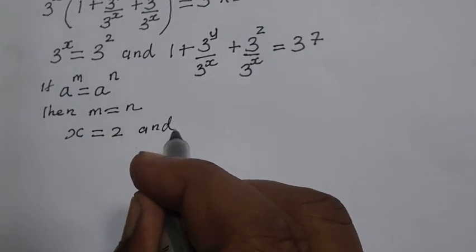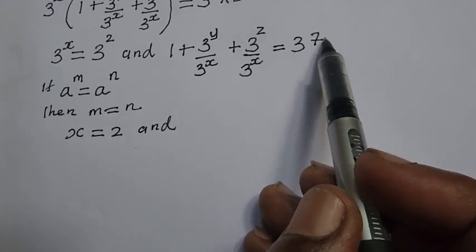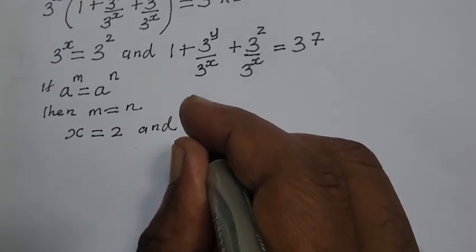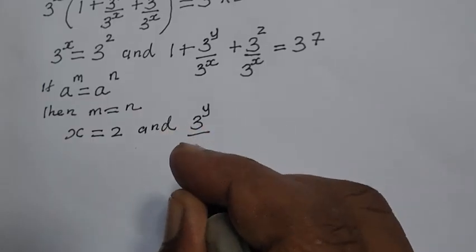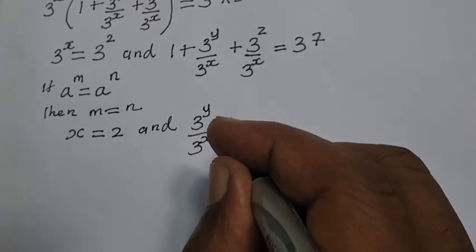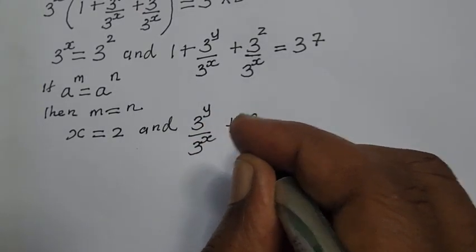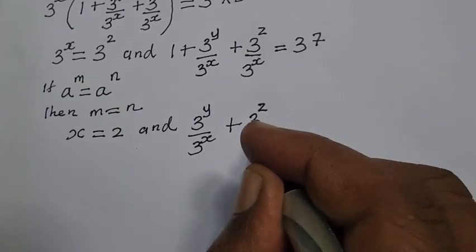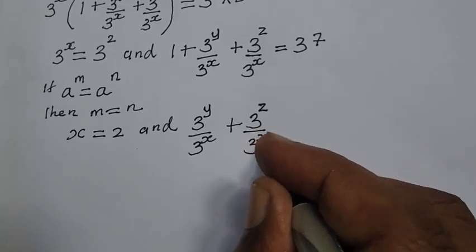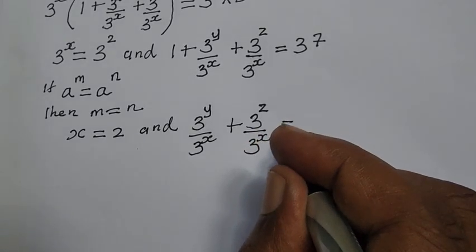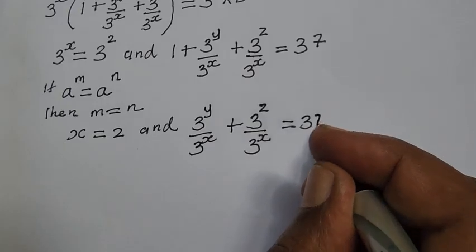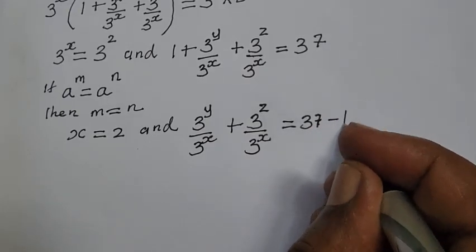And shift this one to the right-hand side. We'll remain with 3 raised to power y over 3 raised to power x plus 3 raised to power z over 3 raised to power x equals to 37 minus 1.